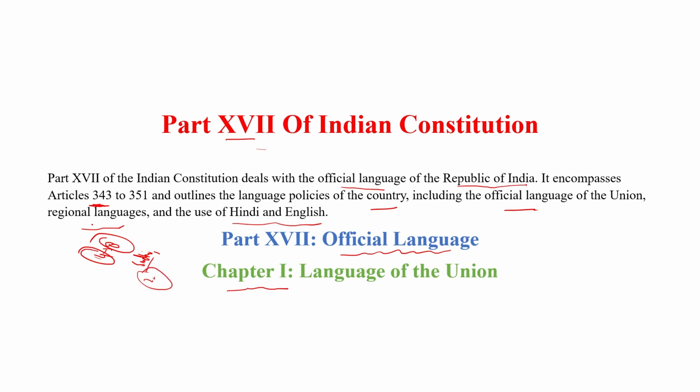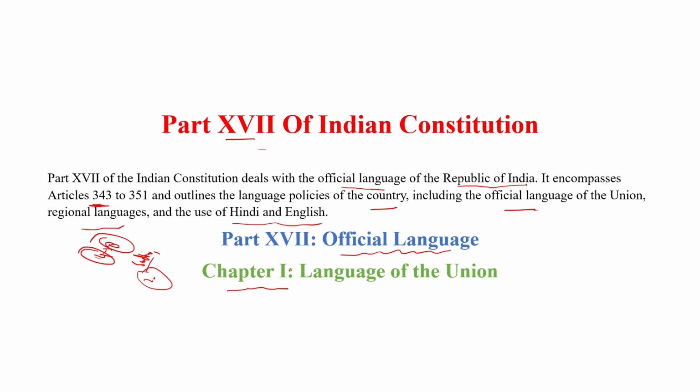Schedule 8 also deals with the official languages. According to Schedule 8, how many official languages does India have? India has a total of 22 official languages, and originally there were 14. Clear?